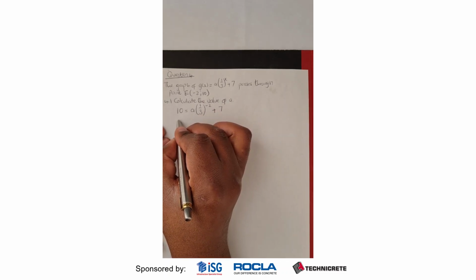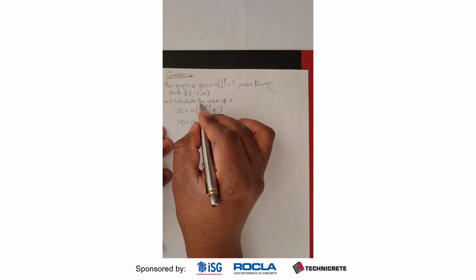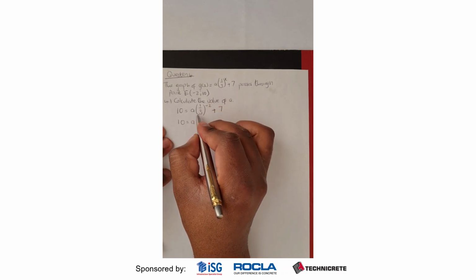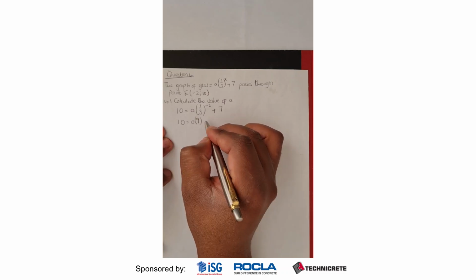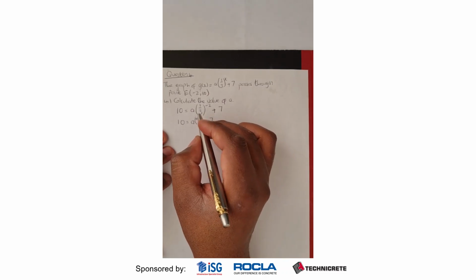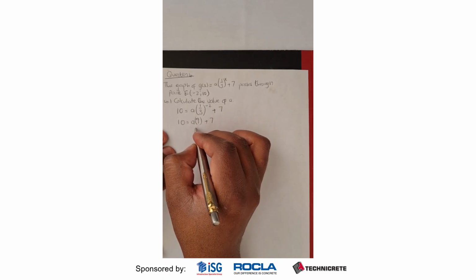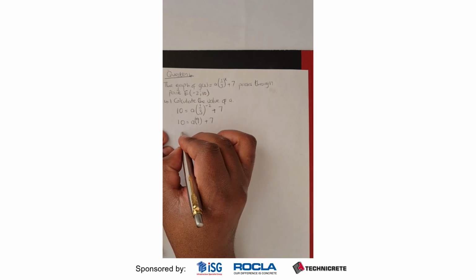Now let's solve for that. 10 equal to a. If you put this in a calculator, it becomes 9. So into 9 plus 7. Now let's make a9 the subject of the formula, and it becomes 9a.